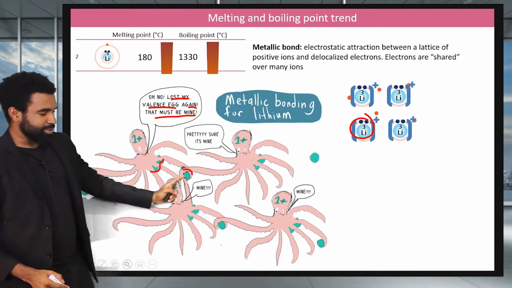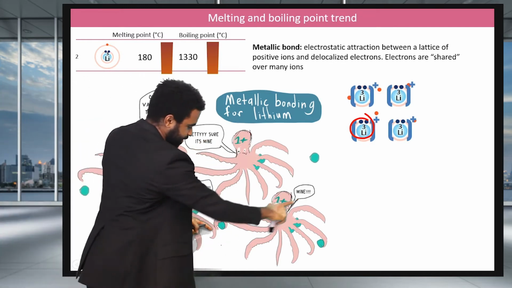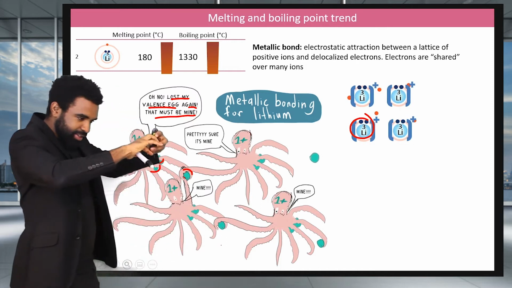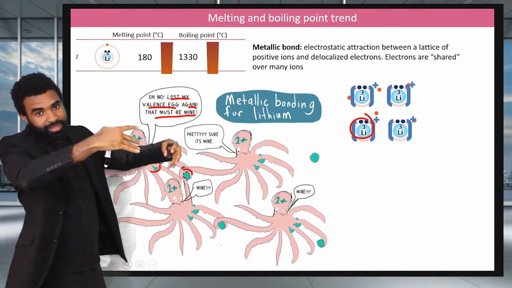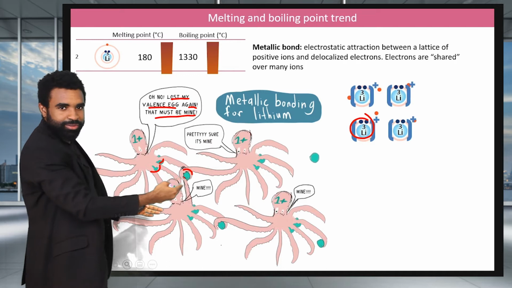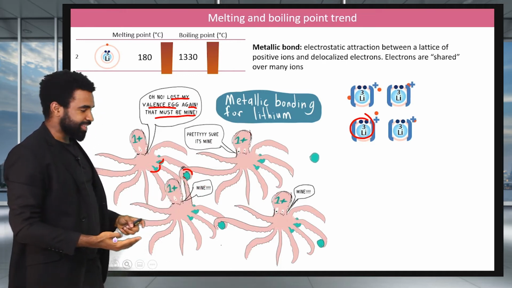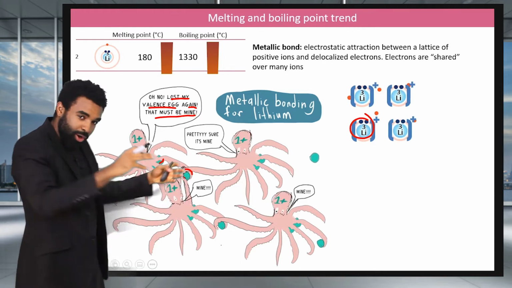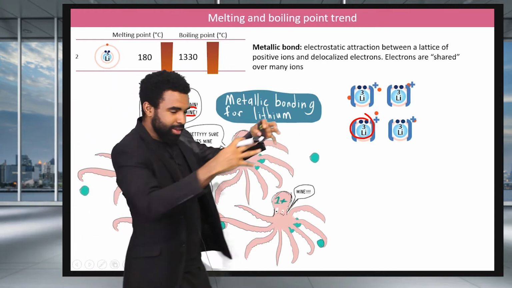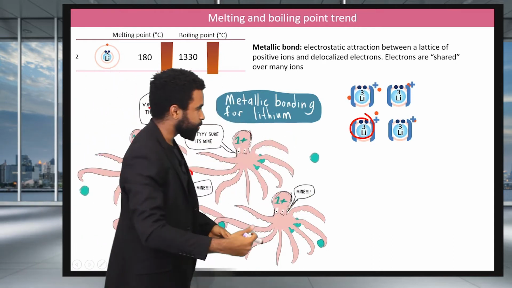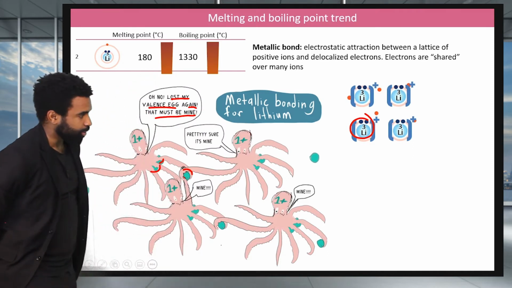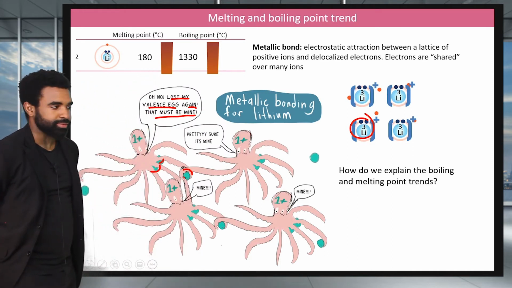This guy says, no, that one is mine. And then he's also fighting with this guy for this one. So because they're all fighting for the same electrons, even though they lost the electrons in the first place, it's like, why do you lose the electrons in the first place if you still want to hold on to them? Huh? Silly metallic bonds. But anyways, they're all holding on to the same electrons, and therefore they're stuck to each other, forming therefore a solid or a liquid if you raise the temperature enough.